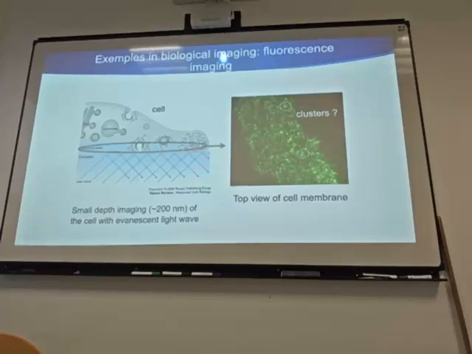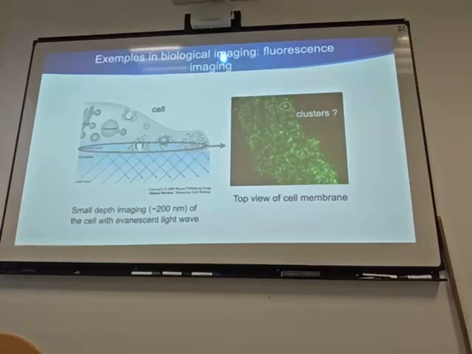In the first example, as you may know, in biological imaging many images are acquired with fluorescence imaging, and then you can view some fluorescent objects in an image that appear as spots because they are too small. Due to the diffraction limit of the microscope, you will have a lot of fluorescent spots in the image.